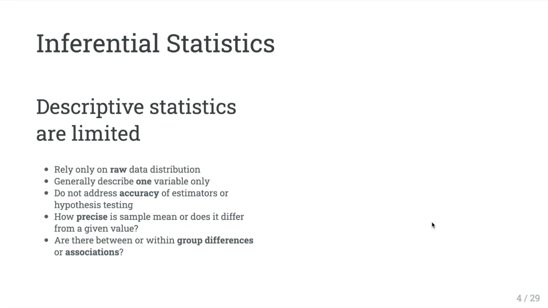They don't talk about the population. They're only talking about the sample. The question also is, how precise is the sample mean, or does it differ from a given value? We can't answer that with descriptive statistics. And last, we can't ask if there's a between or within group differences or associations happening. This really limits what we're able to talk about in terms of the data that we have.